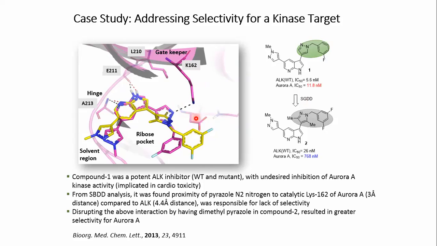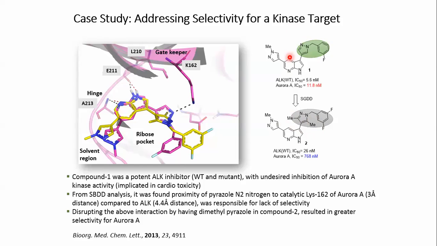That is the reason why compound 1 shows good inhibition against Aurora A. And to solve this problem, we have to disrupt the interaction. We can do this by introducing dimethyl groups into this pyrazole ring. So it prevents the second nitrogen from interacting with the lysine 162 by steric hindrance.